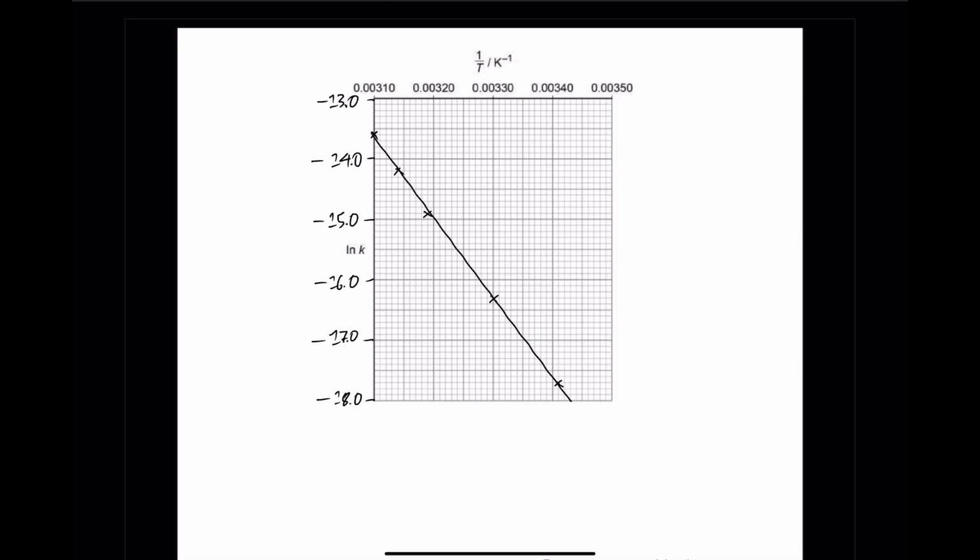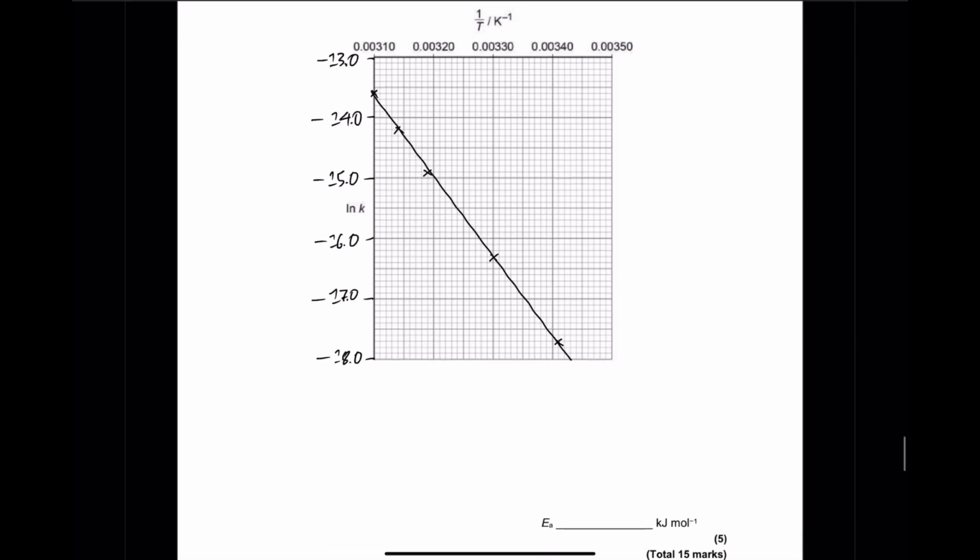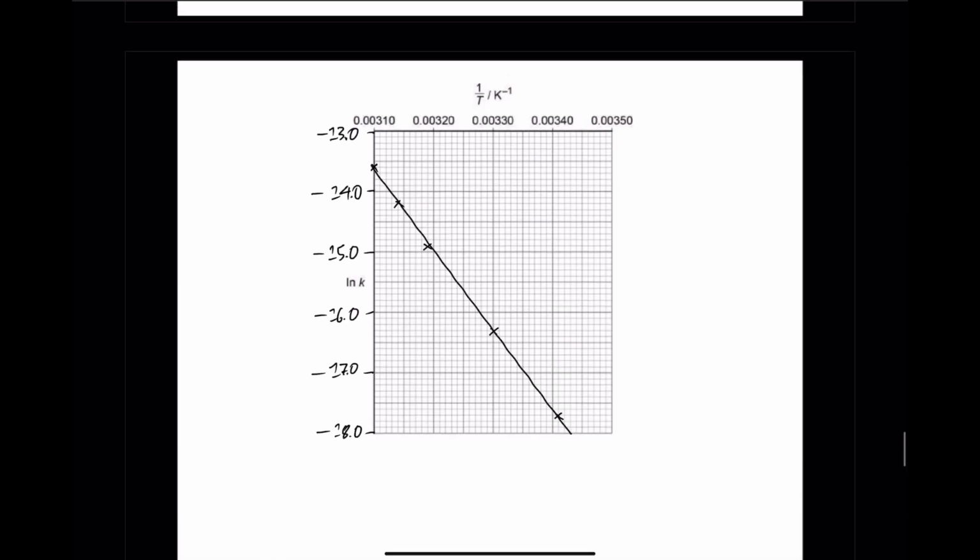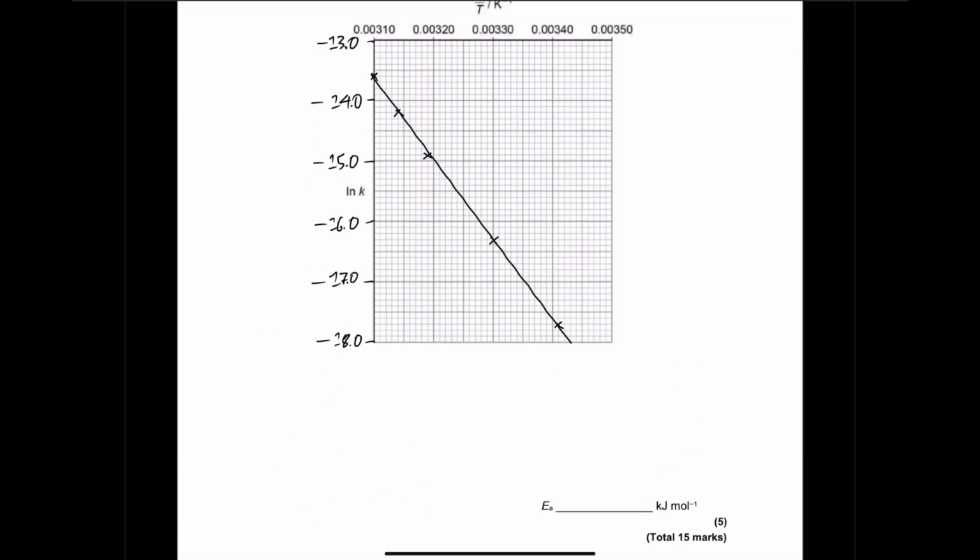I think my ruler's got jagged ends because it doesn't look straight. Anyway, I'm not going to waste time on that. Use a proper ruler in the exam.